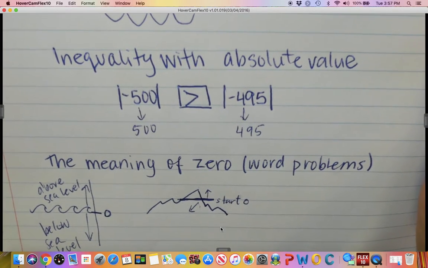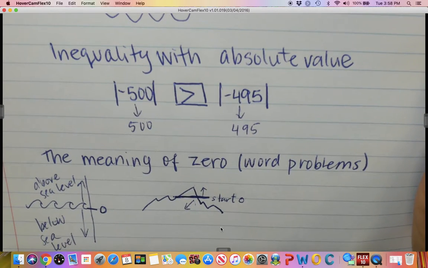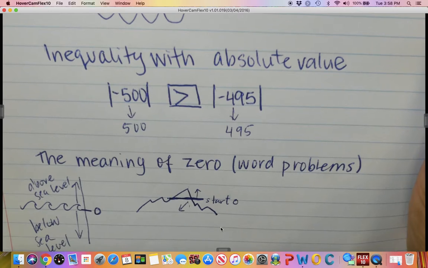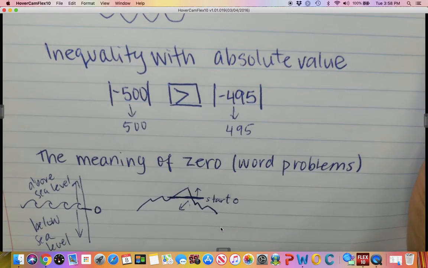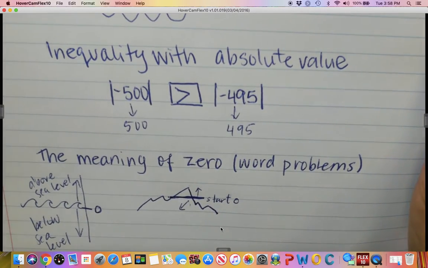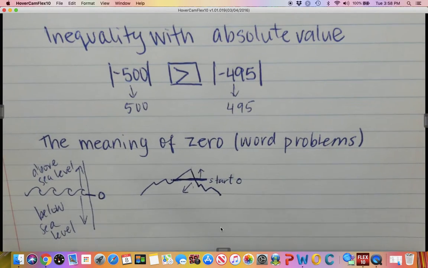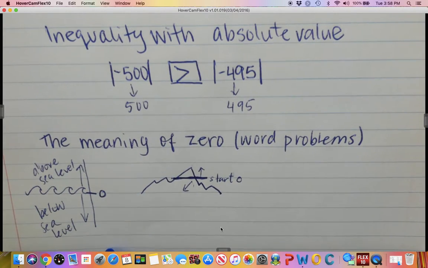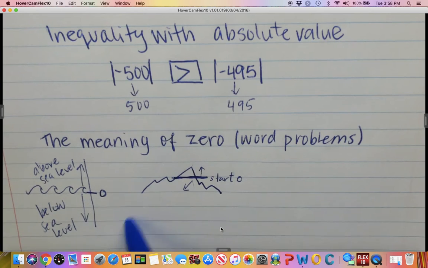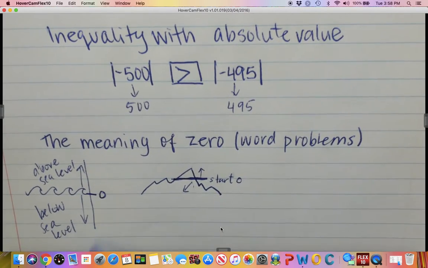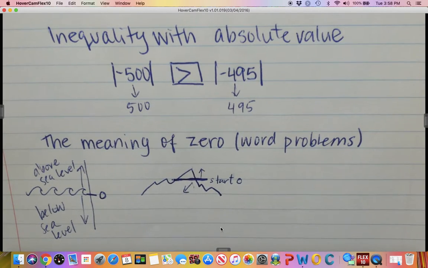But we'll be talking about the meaning of 0 in a lot of our problems, and this sea level one is particularly important because we have a whole problem based around this.